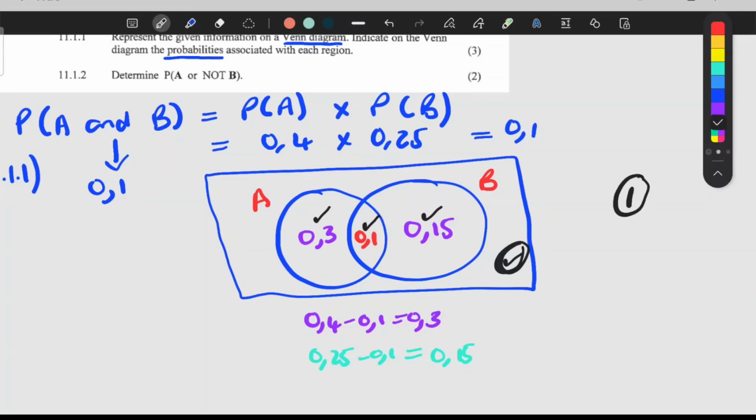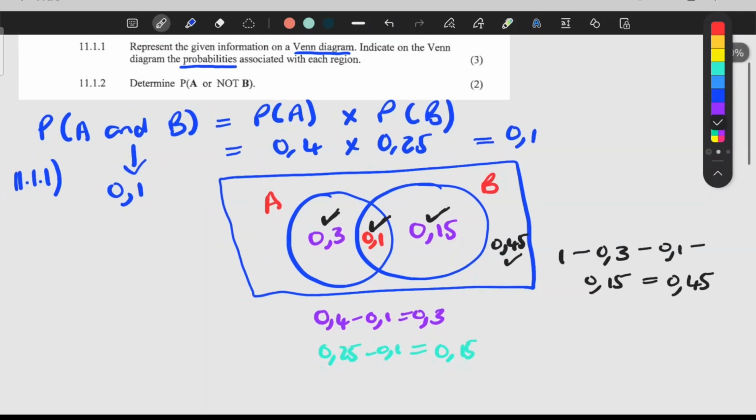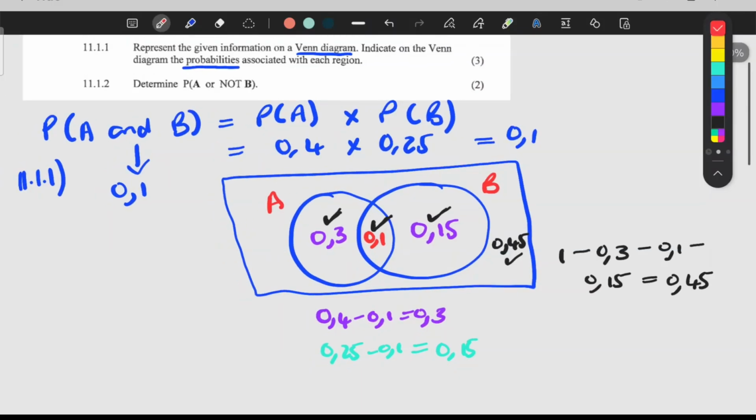So to get the outside, I'm going to say 1 minus 0,3 minus 0,1 minus 0,15. I get my outside to be 0,45, and that is representing the data in a Venn diagram. How would they mark this? 0,1 is a mark, both of these get a mark, and the outside is a mark. That's how you would get 4 marks.